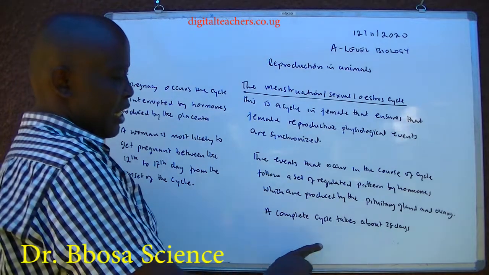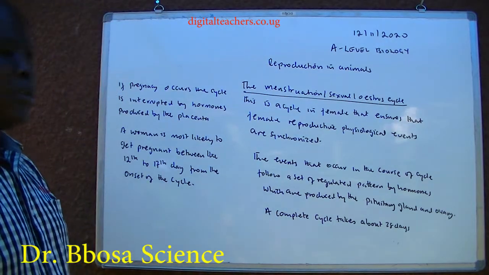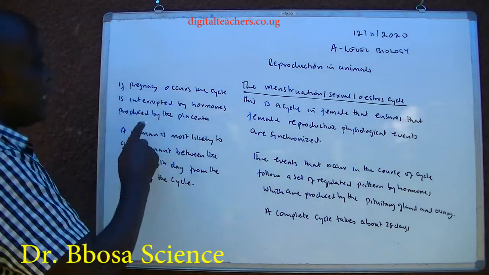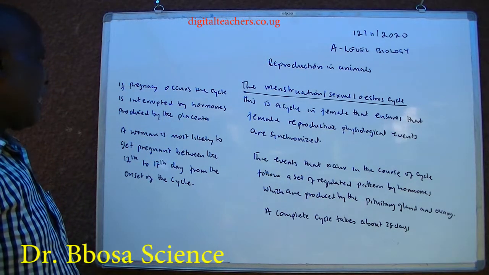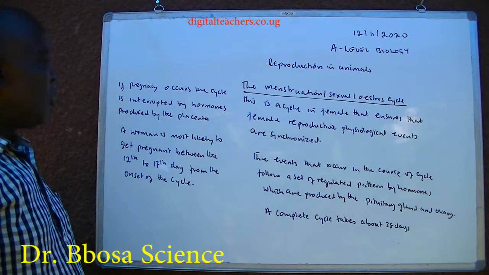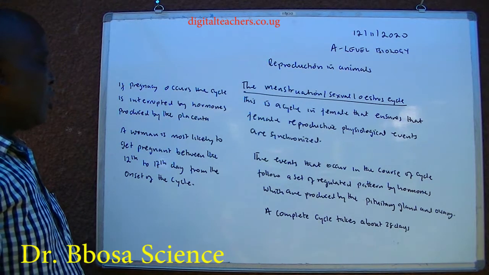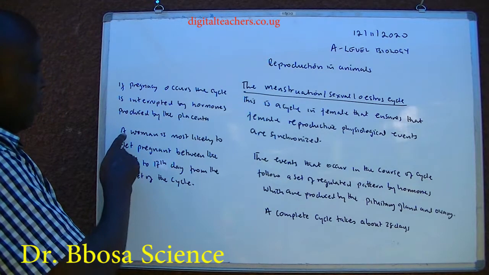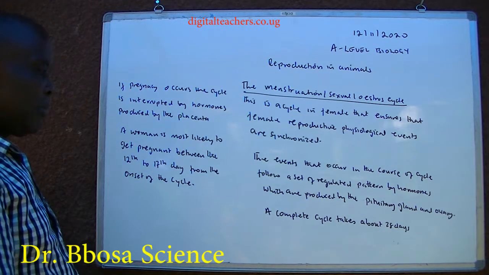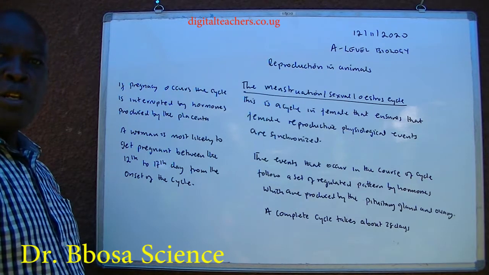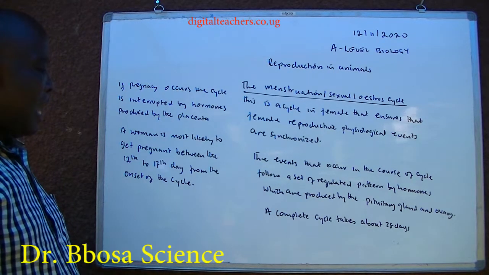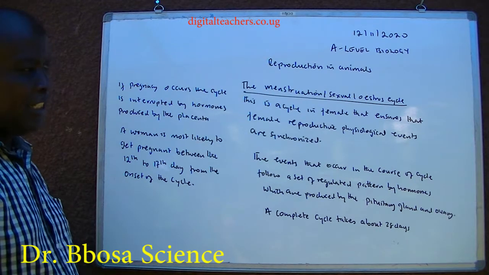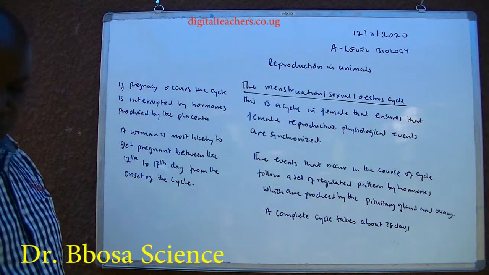A complete cycle takes about 28 days. If pregnancy occurs, the cycle is interrupted by hormones produced by the placenta. A woman is most likely to get pregnant between the 12th and 17th day from the onset of the cycle.